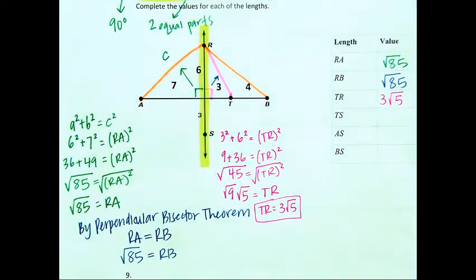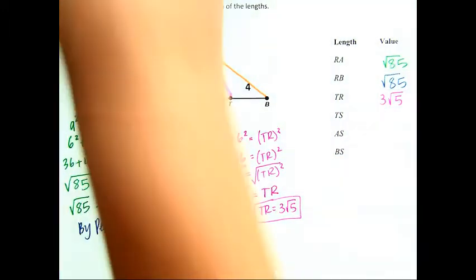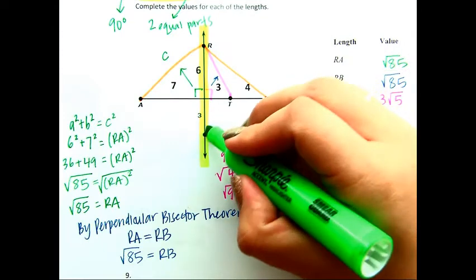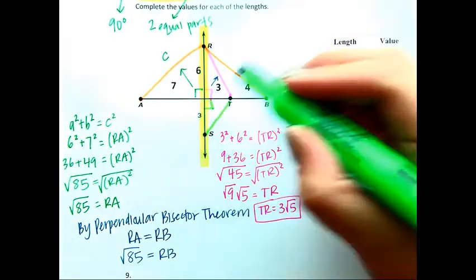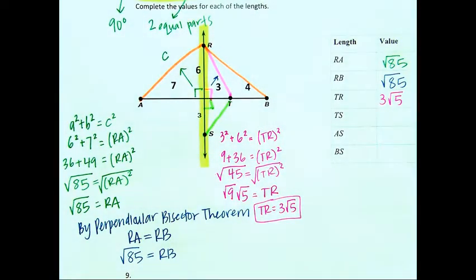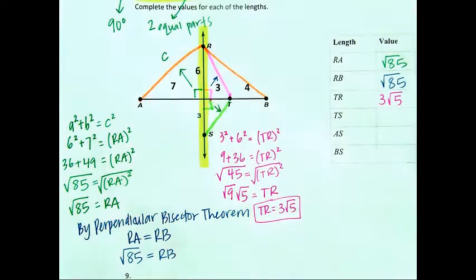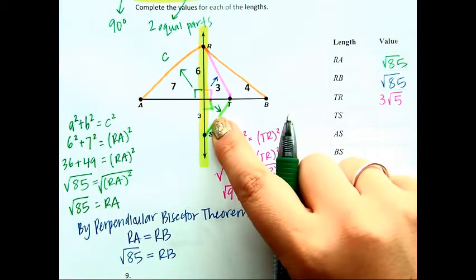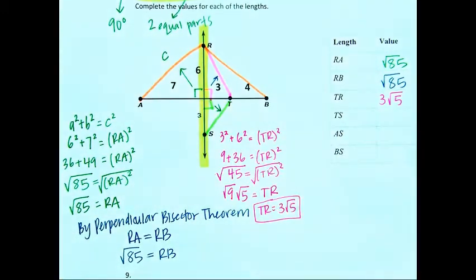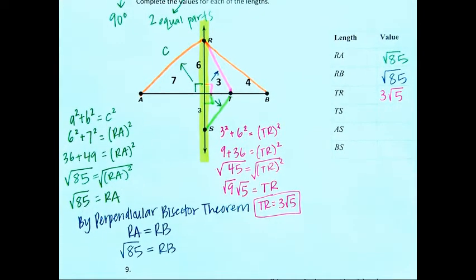And TS is down here. It's a different triangle, also a right triangle, and TS is also the hypotenuse there. So TS is a triangle with my legs being 3 and 3. So let's do that down here.